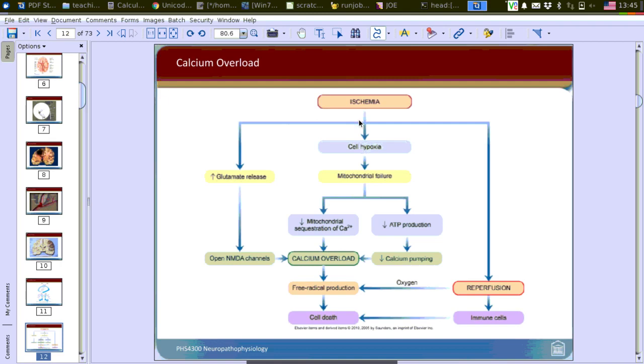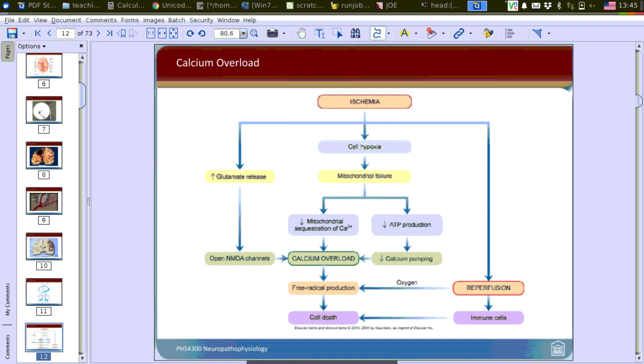Now, the ischemia leads to loss of function, and the brain is going to try to figure out a way to solve this. And to try to solve this, it needs to increase neuron activity, which means it's going to communicate.